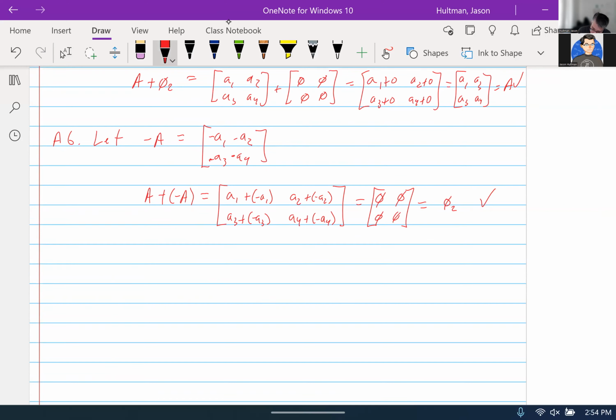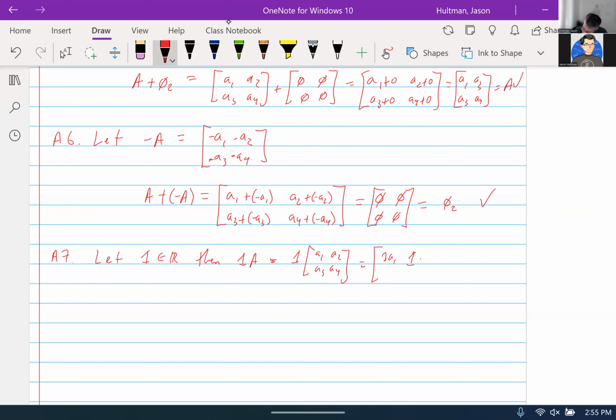And so there is an additive inverse. Okay, A7. Let 1 be an element of R, the real numbers. Then 1A is equal to 1 times A1, A2, A3, A4, which is equal to 1 times A1, 1 times A2.